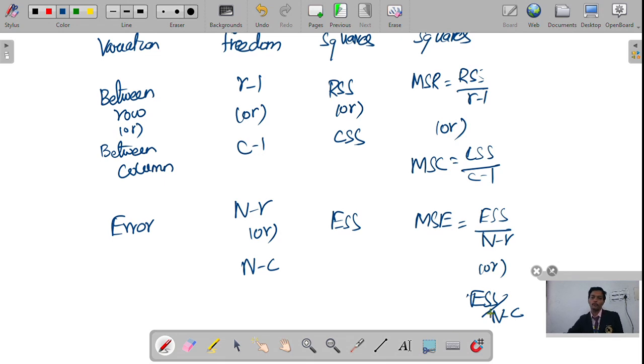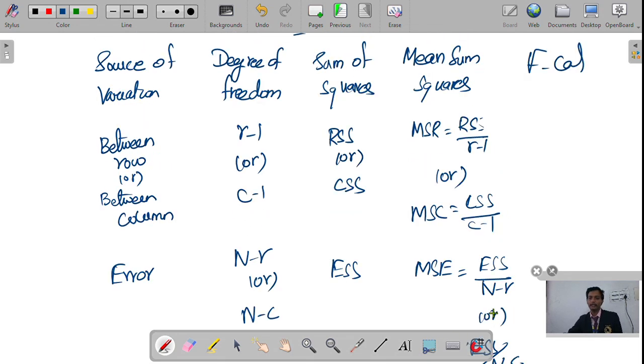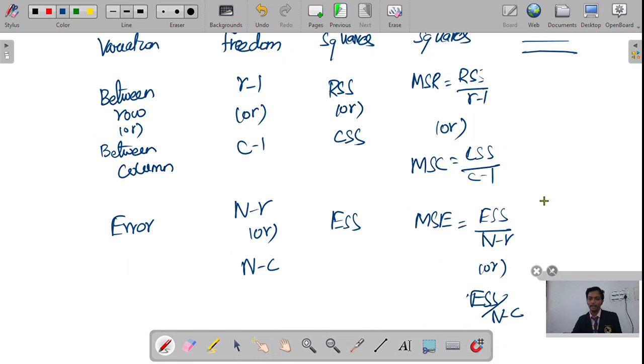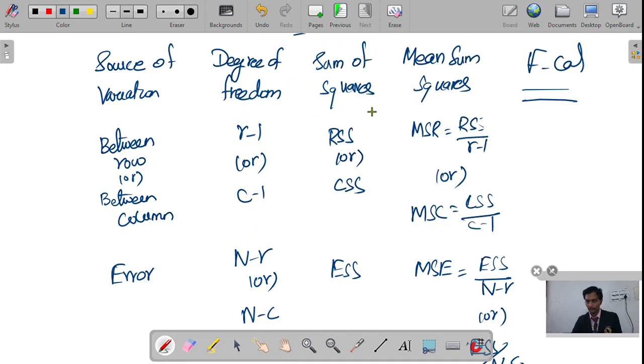Finally, which one is greater, you have to put in the upper side. The F cal value is calculated as follows. If MSR is greater than MSE, then F cal R equals MSR by MSE.